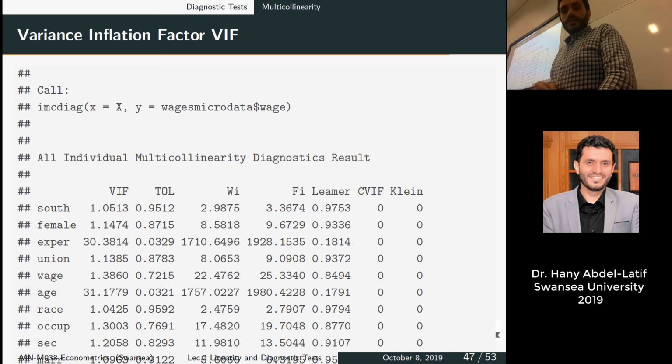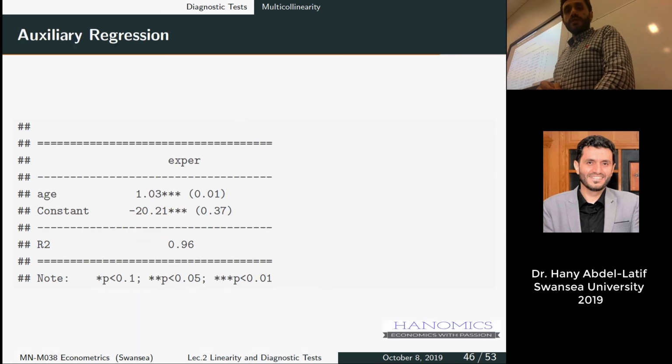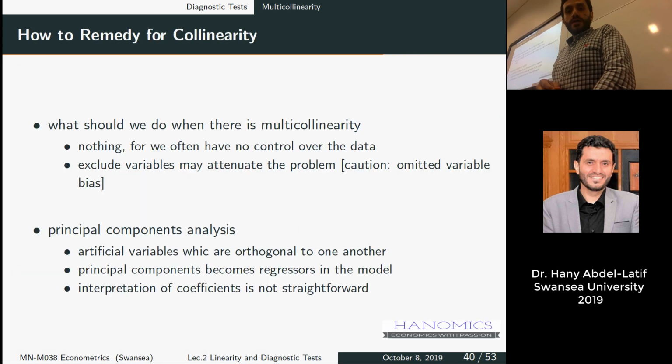So how do we deal with this? How to remedy multicollinearity. We saw an example that having both variables, age and experience, together in a model that explains wage is causing multicollinearity, and that's why we see a high R square, the model seems to perform well, and it's really high for cross-section data.